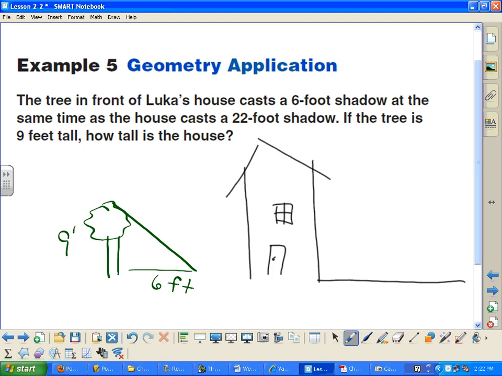What's that? Oh, we're looking that way. Doesn't matter. All right, we'll redraw it just for Spencer.